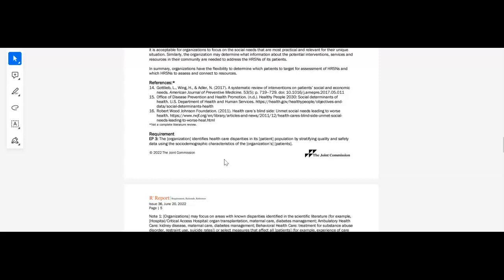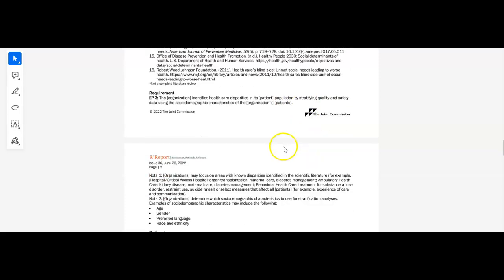And that could be transportation, paying for prescriptions or medical bills, which I think hospitals often do, education and literacy, housing and food insecurity. So you see these really can be community outreach for your vulnerable population. EP3, that the organization identifies healthcare disparities in its population. So which healthcare disparities are they really looking at, based on the population of patients they serve?